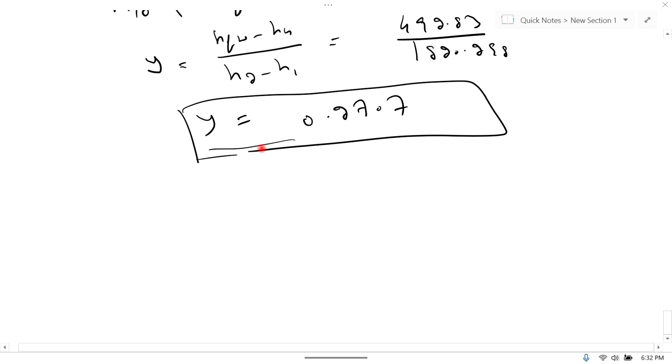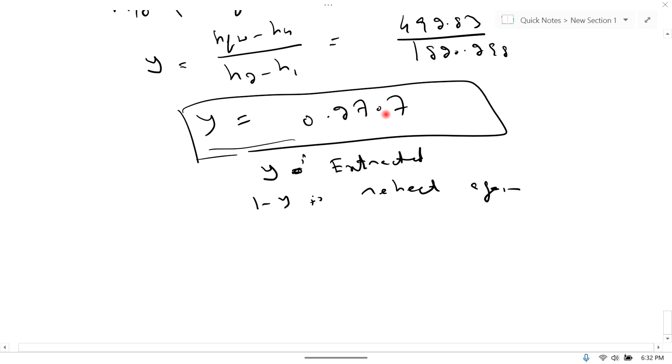Now y is extracted and 1 minus y is the reheat again in the low pressure turbine. So if y is 0.2707 pound mass, then 1 minus y is almost equal to 0.73 pound mass.